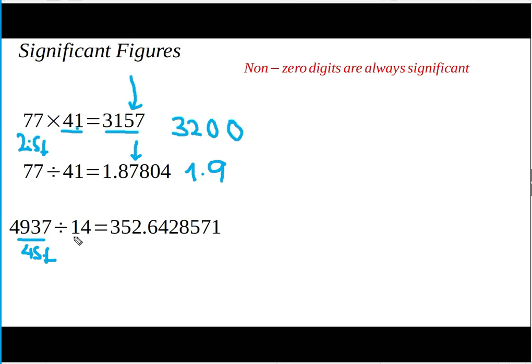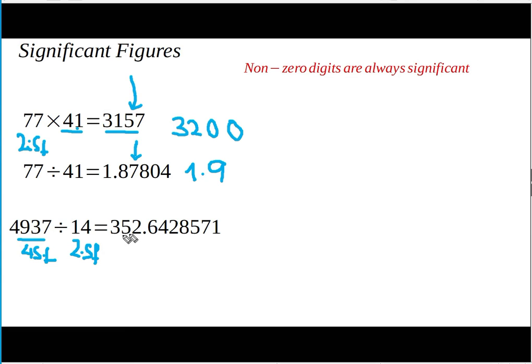If I do the division, I get this. The rule is you express your result in the smallest number of significant figures that you are dealing with. We have 4 and 2, so we have to express this in 2 significant figures.